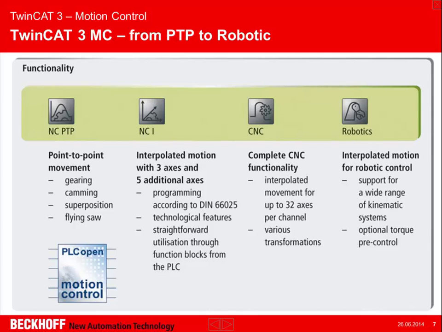Programming style is of course DIN 66025, and with the same language we also do the programming for the CNC. In the CNC package we have the limitation of 5 interpolated axes, and of course also a lot of transformations are available. The robotics package is based on the NCI package and supports a wide range of different kinematic systems.